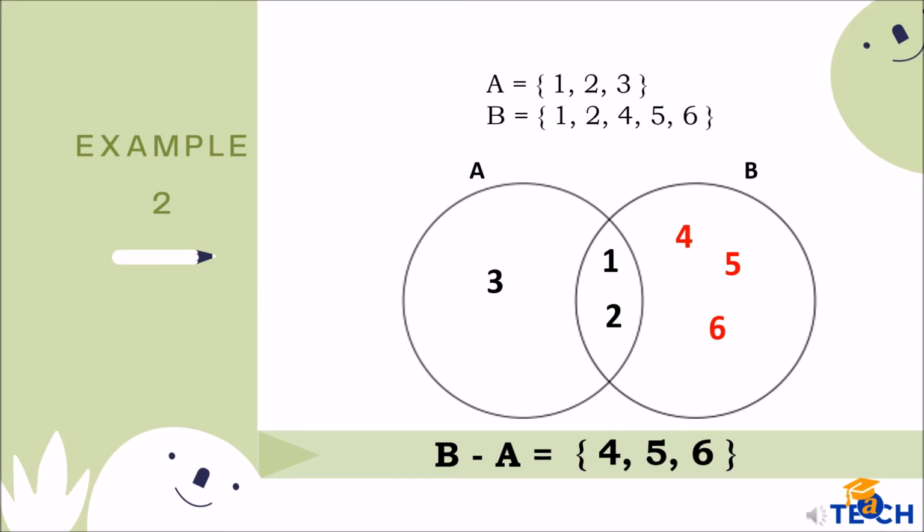We draw in our Venn diagram and we see which numbers belong to set A, which numbers belong to set B, and which numbers can be found or are present in both set A and in set B. Now, we can conclude that the difference of set B and A is 4, 5, and 6.